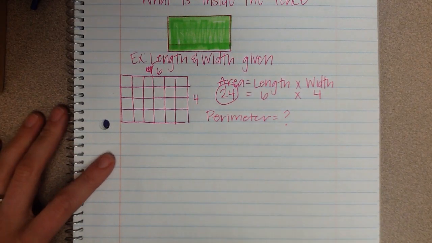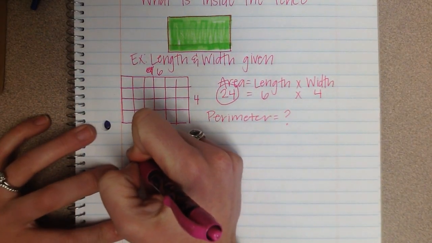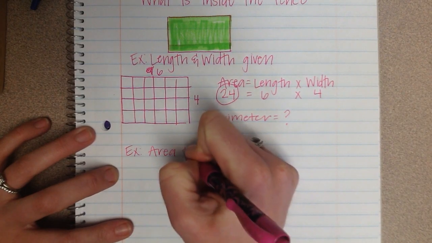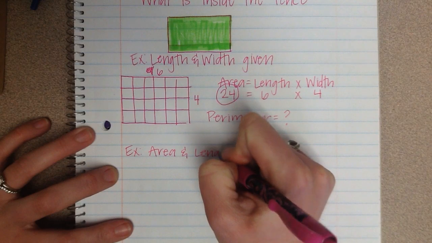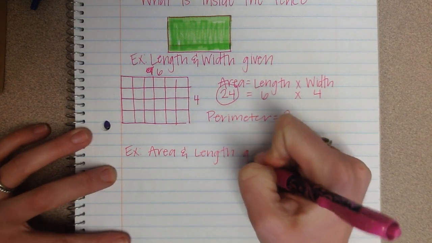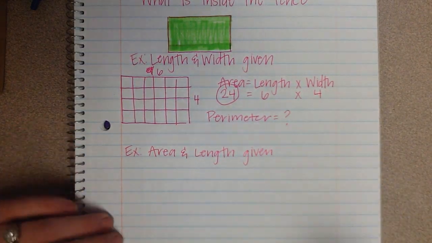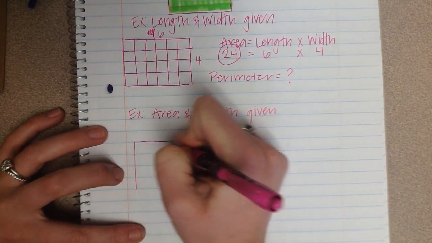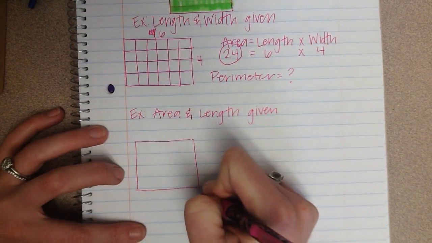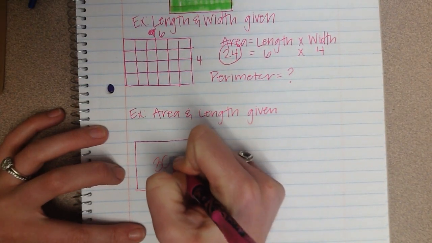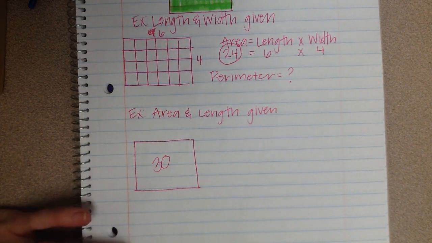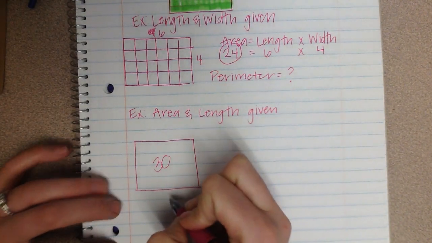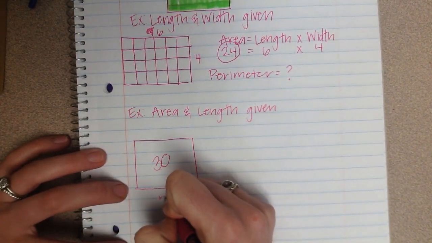Let's see what happens when, example, area and length given. So if I had here, we'll say 30, and I'll give you the length, say the length is 5.